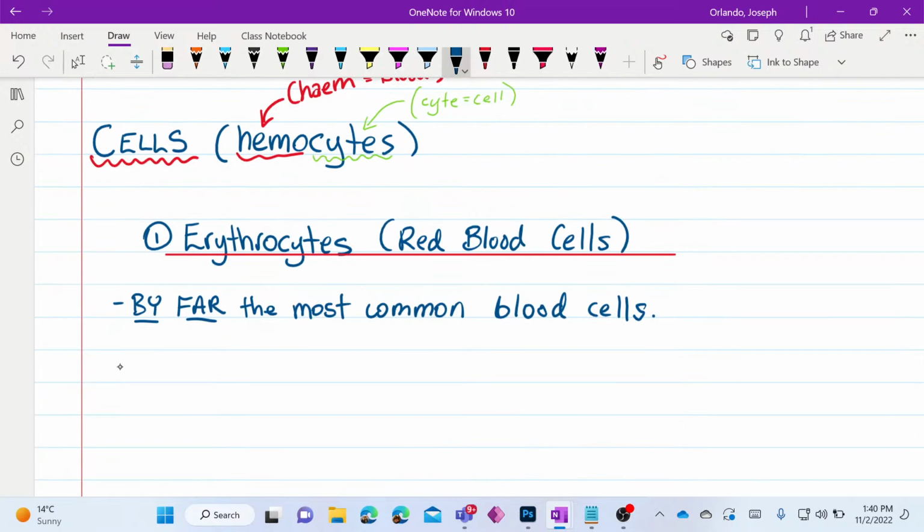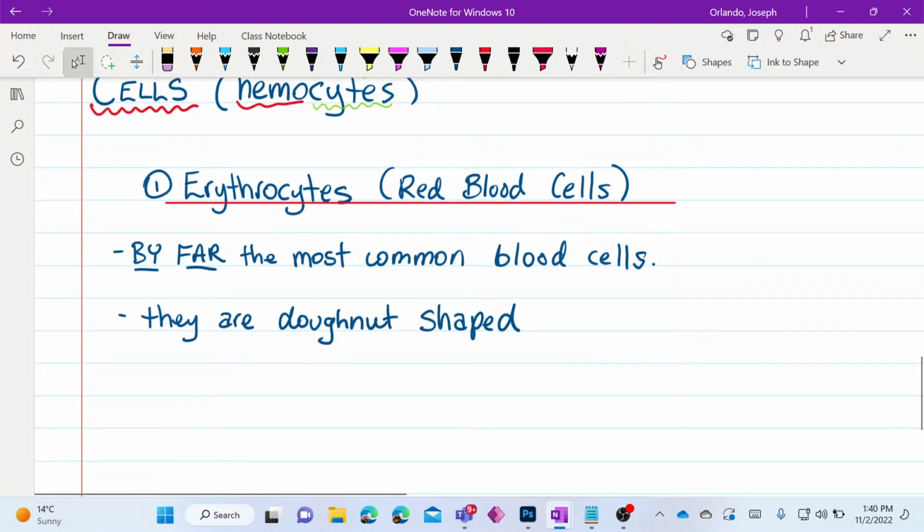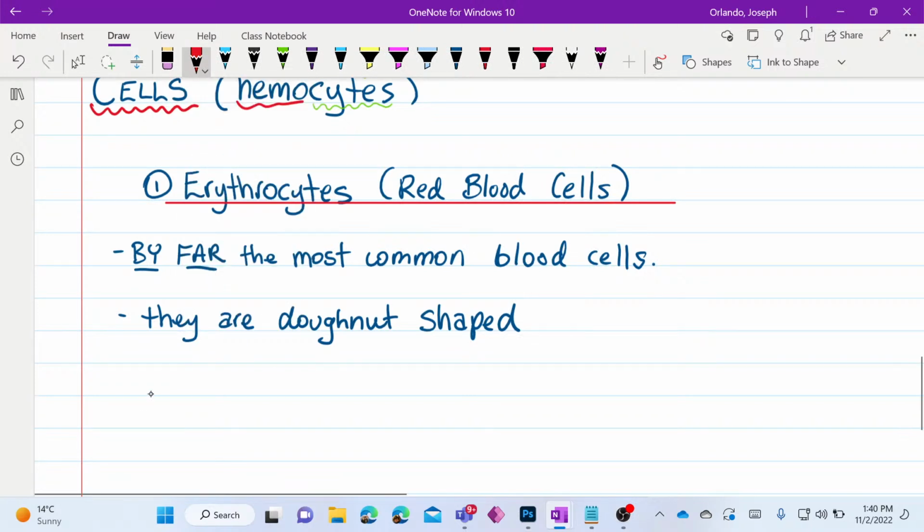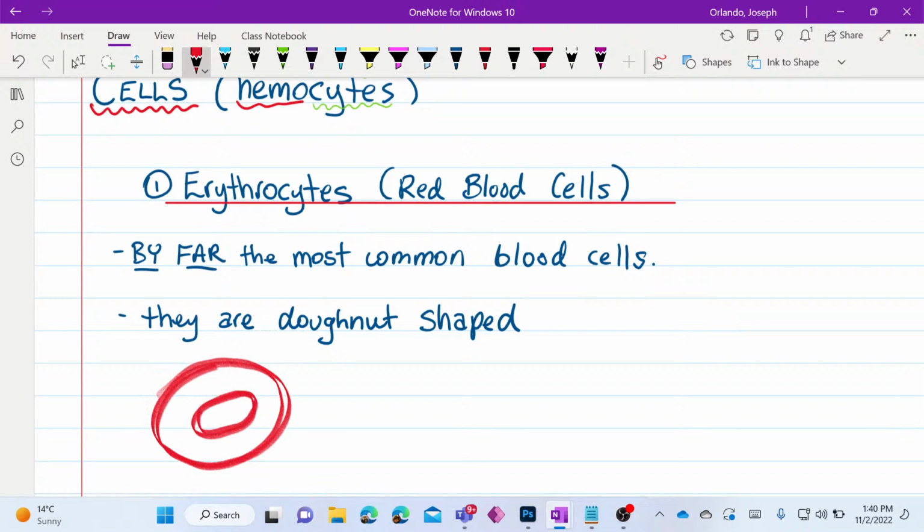Does anyone know what they look like? They're red. Yes. Yeah. They're kind of donut shaped. Well, they don't have the hole in the middle, but what they do have is a depression in the middle. If you look at them from the top, they kind of look like this, where there's almost like two distinct rings, and then this would all be filled in.